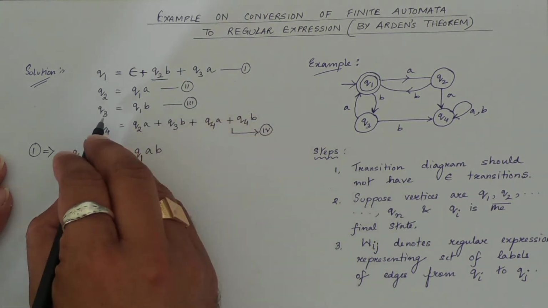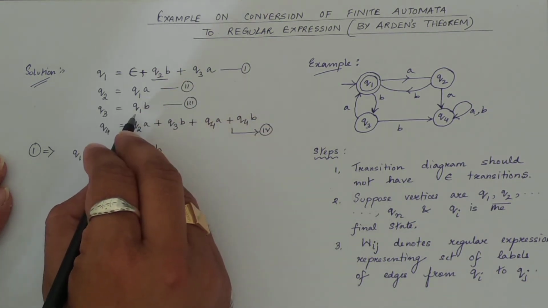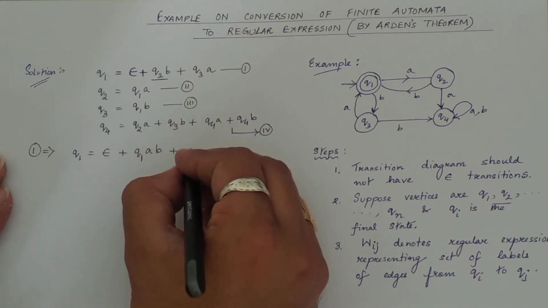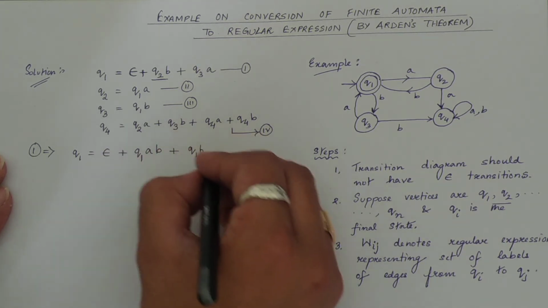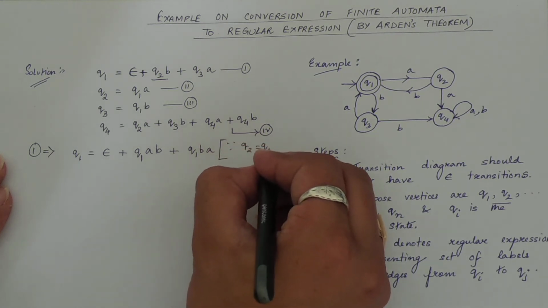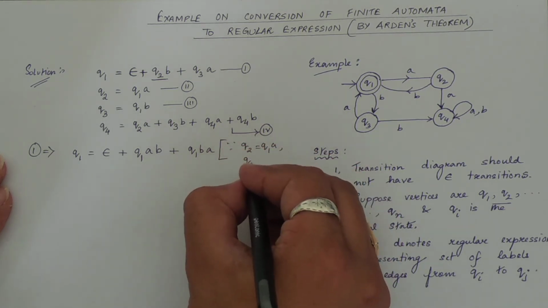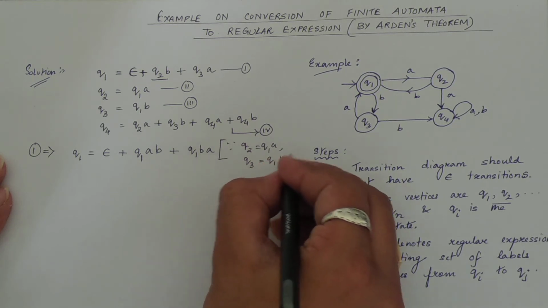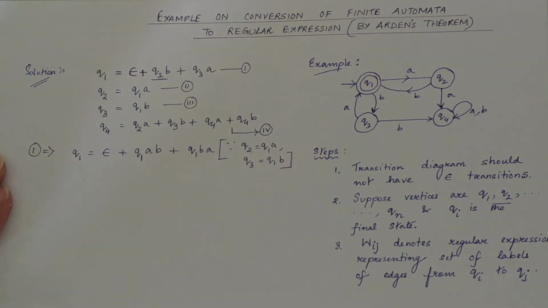And in place of Q3 also I can convert it into Q1, so I can write Q1BA. How did I do it? Since Q2 is equal to Q1A and Q3 is equal to Q1B, this is just the substitution method. You have to mention this, or you can write it from equations 2 and 3.